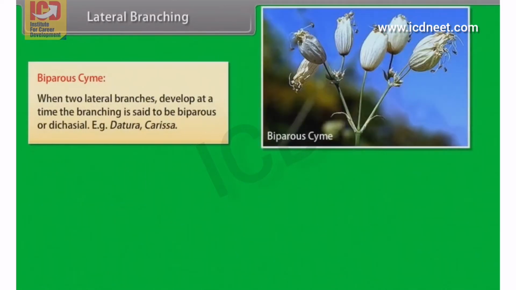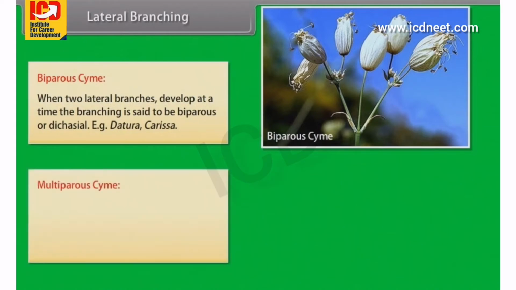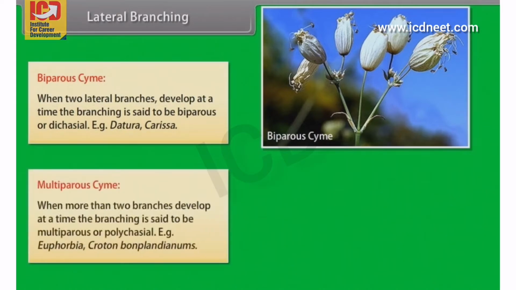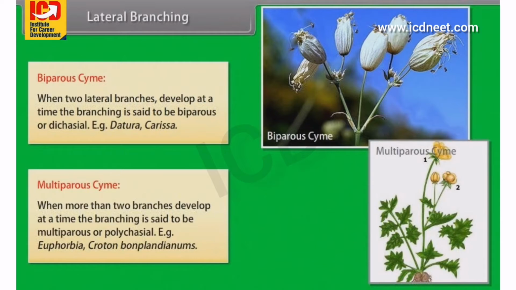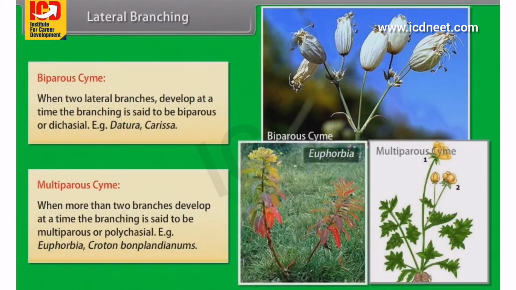When two lateral branches develop at a time, the branching is said to be biparous or dichasial. Example: Datura, Carissa. Multiparous chyme. When more than two branches develop at a time, the branching is said to be multiparous or polychasial. Example: Euphorbia, Croton bonplandianum.